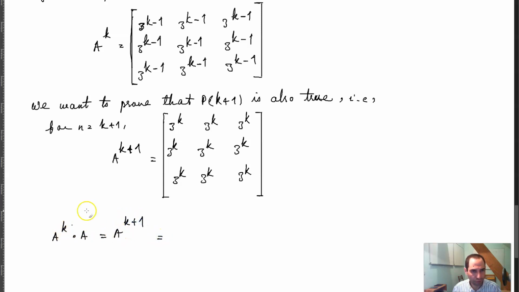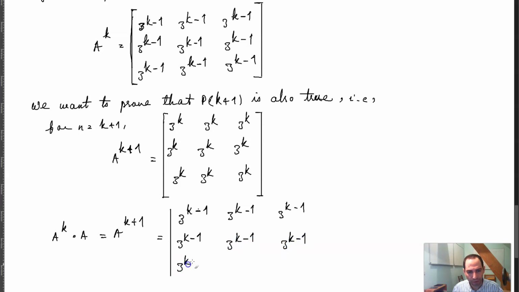A raised to the power k has 3 raised to the power k minus 1 in every entry.